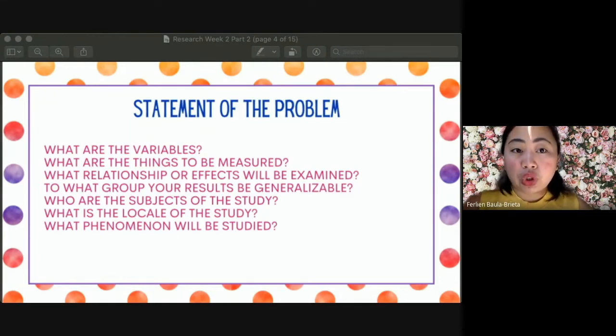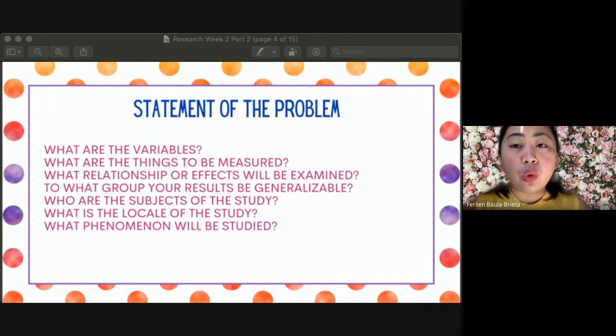How you will measure it, of course. Will you measure relationship? Will you measure effect? Or will you measure differences among groups? And then, to what group will your results be generalizable? Will it be applicable only to the locality, or to the general elderly, or to those elderlies with morbidities?